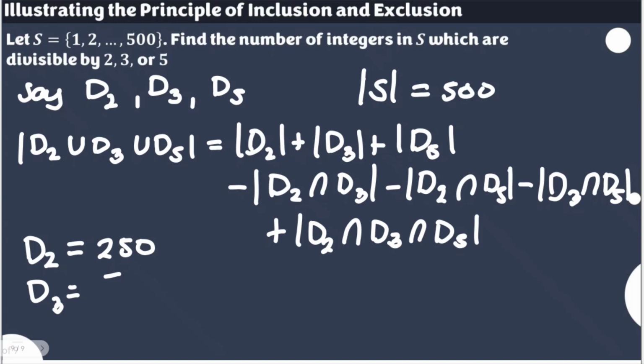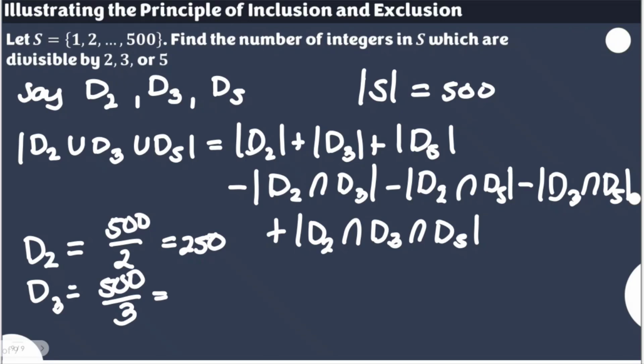What if this 250 is actually 500 divided by 2, where 2 is the integer we're looking for as a factor, or the divisor? That's why we get 250. So for divisible by 3, we simply divide as well.